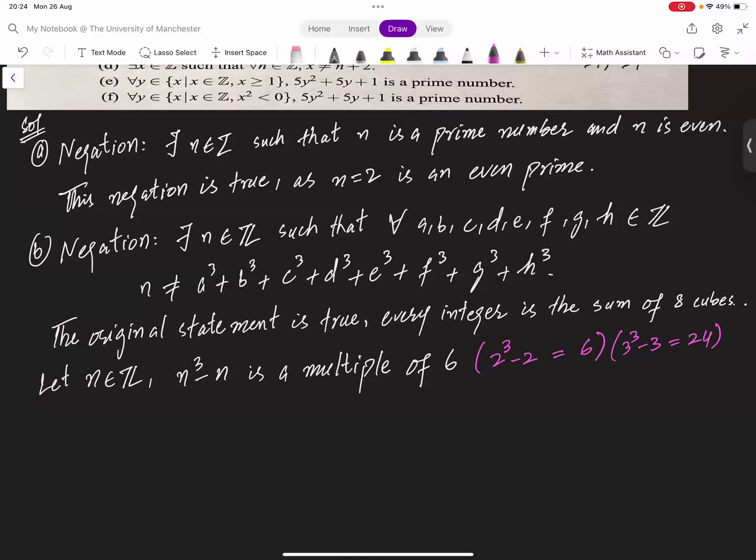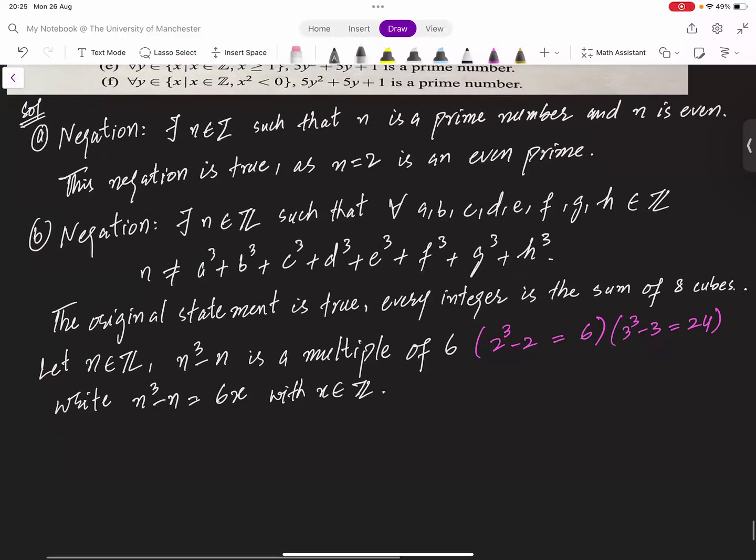So this statement is already true. So for every n in Z, n cube minus n is a multiple of 6. Okay. Then write n cube minus n as 6x, with x being an integer again.